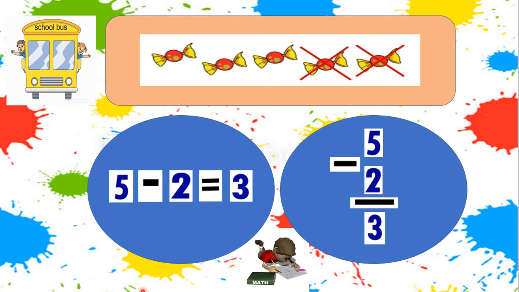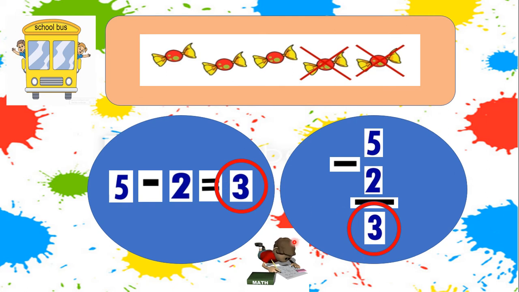So we can write this way and we can also write this way. We have here 3 as your answer, and this one here, also 3 as the answer. So even if you write this way or this way, you will arrive at the same answer.